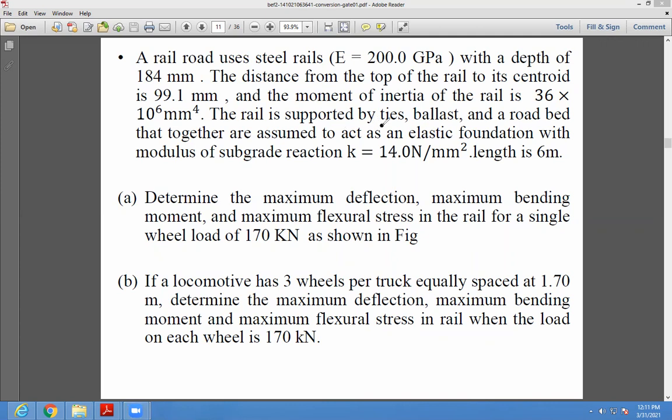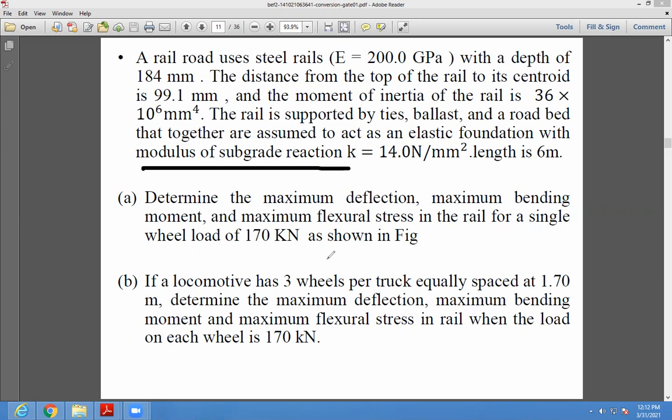The rail is supported by ties, ballast, and road bed that together are assumed to act as elastic foundation with modulus of subgrade reaction K equal to 14 Newton per mm square.